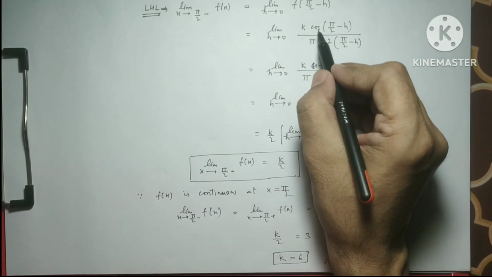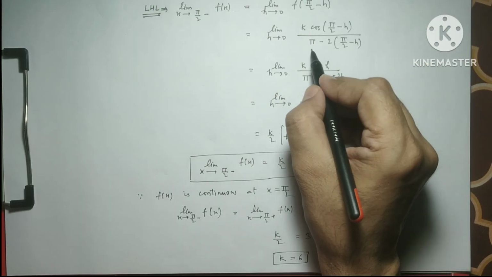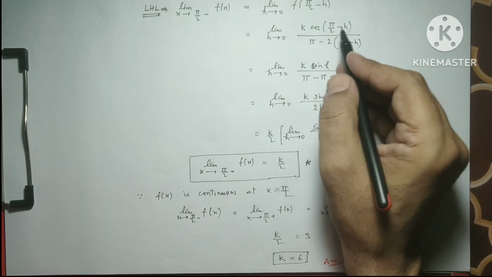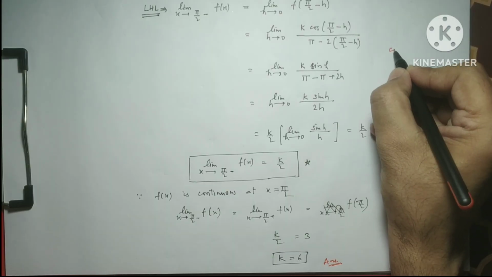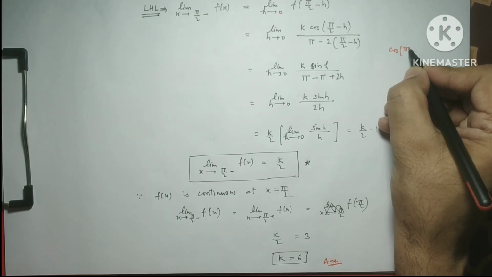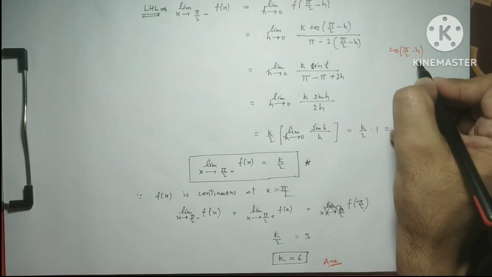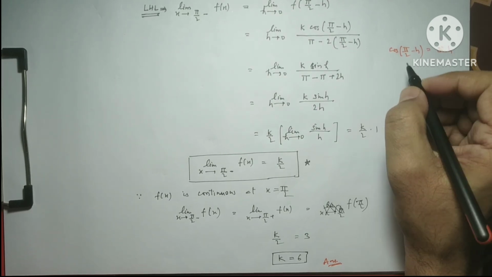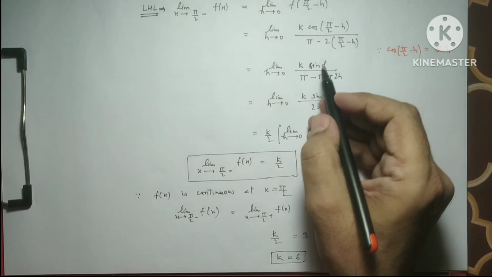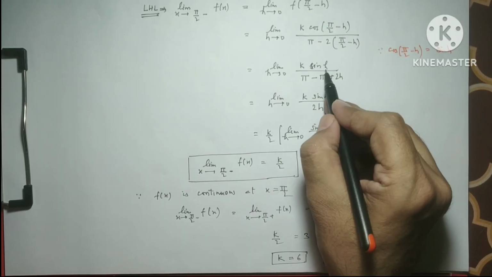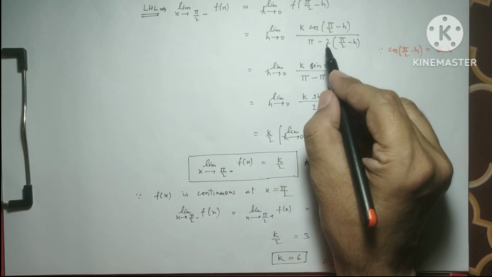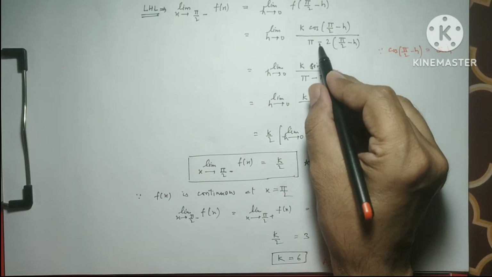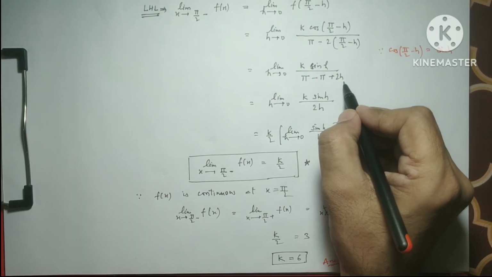So k cos of pi by 2 minus h over pi minus twice of pi by 2 minus h. Now cos of pi by 2 minus h, which is 90 minus h, is in the first quadrant, so it is sin h, positive in the first quadrant, so we place sin h, and there is pi, and cancel out 2 and 2, so it is minus pi, and this is minus minus, positive 2h.